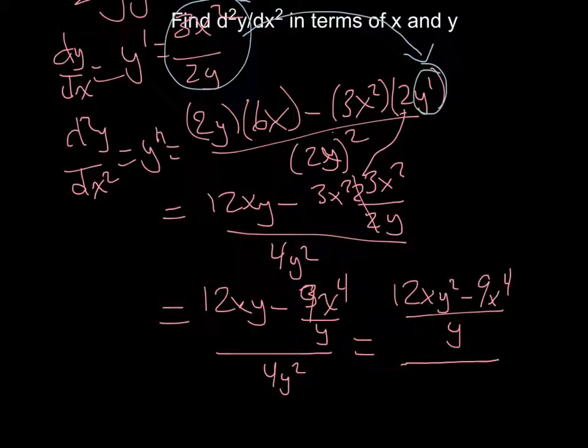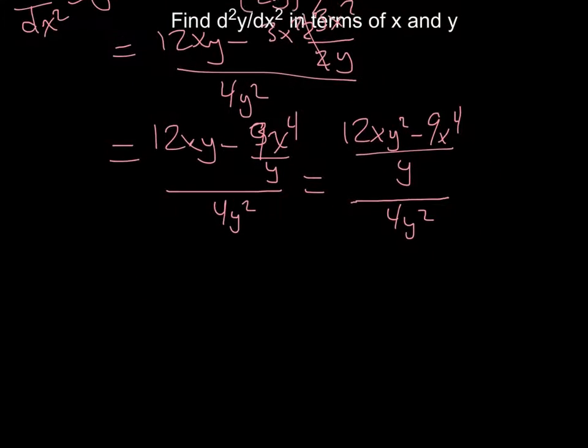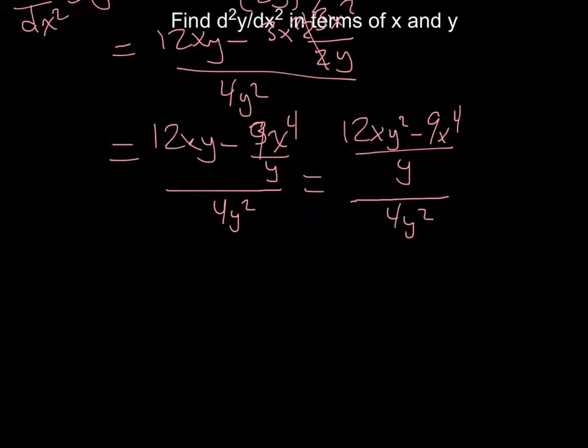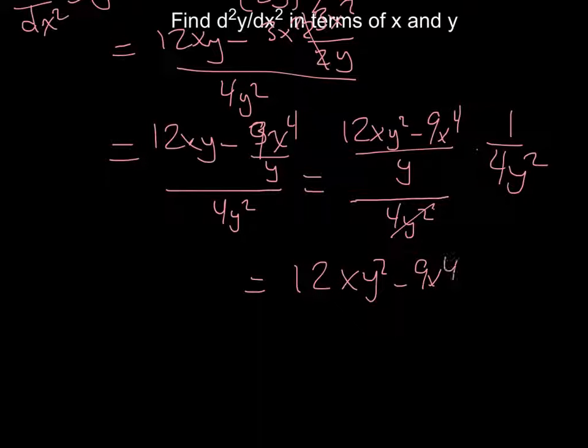That's all over 4y squared. Dividing by 4y squared is the same as multiplying by 1 over 4y squared. So I have 12xy squared minus 9x to the 4th over 4y cubed.